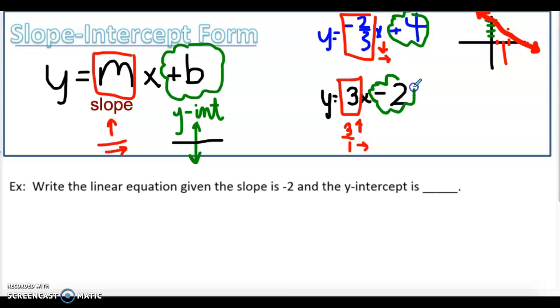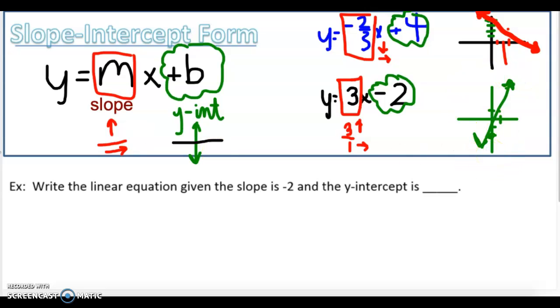We can graph that going down 2 units on the y-axis, put a point right there, and then we'd be going up 3 and to the right 1, and put a dot, up 3 to the right 1. Draw our line, and GoFormative has a really nice line tool that's pretty easy to graph with. That makes it look much better.